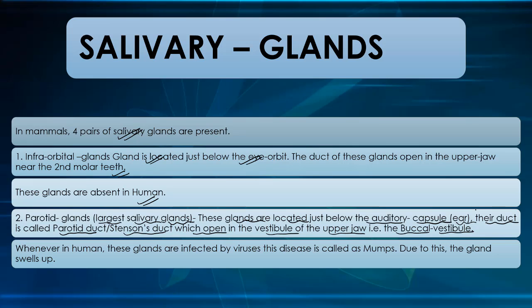Whenever these glands in humans are infected by viruses like paramyxovirus, the disease called mumps occurs, and the gland gets swollen. So the parotid gland is the largest salivary gland.